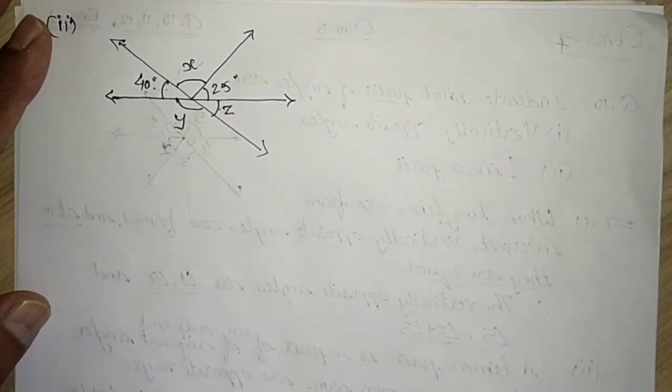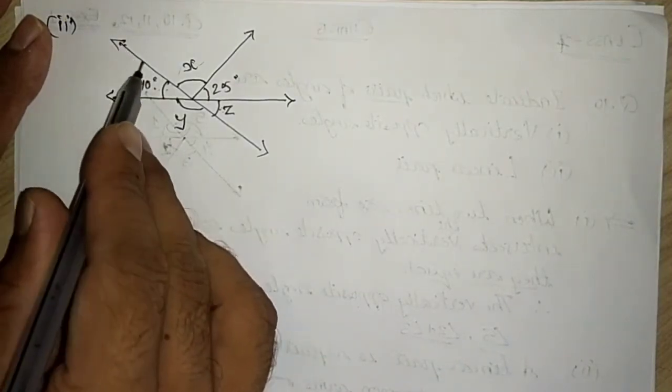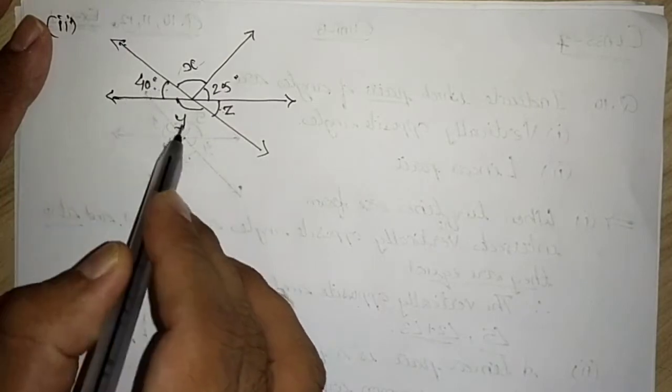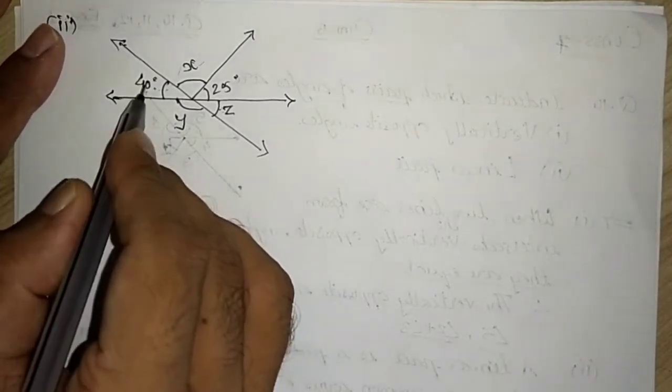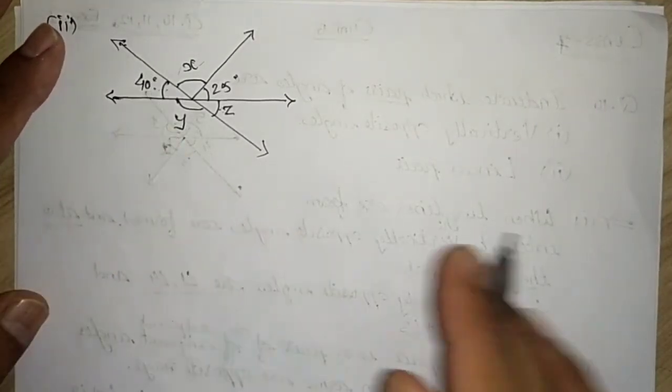And how will we get y? We will get it through the linear pair. This is the linear pair. 40 and y together, they will make 180 degrees. So with 180 degrees minus 40 degrees, you will get the value of y.